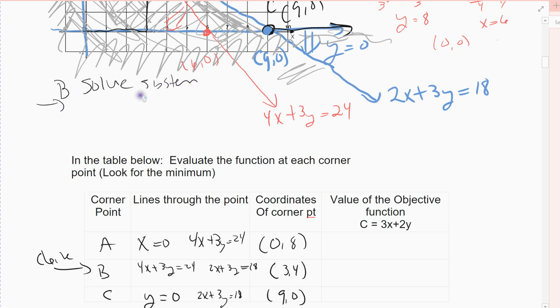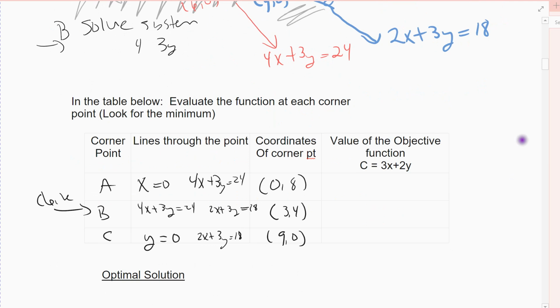So either graph it, find where they intersect, or solve the system 4x plus 3y equals 24 and 2x plus 3y equals 18.